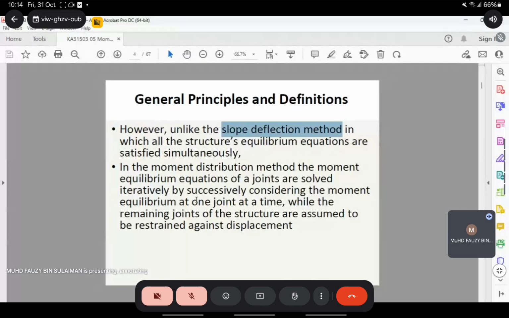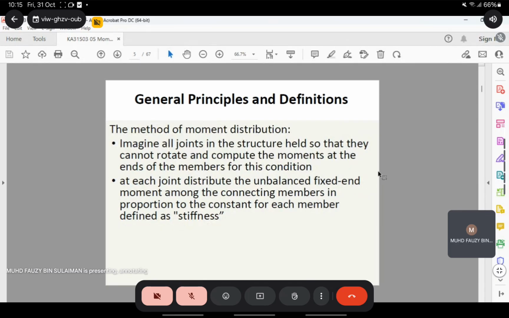You can read this one yourself easily. The moment distribution method is actually the very easiest method to solve it. But since we already skipped the slope deflection method, there are some parameters I will explain during the tutorial.